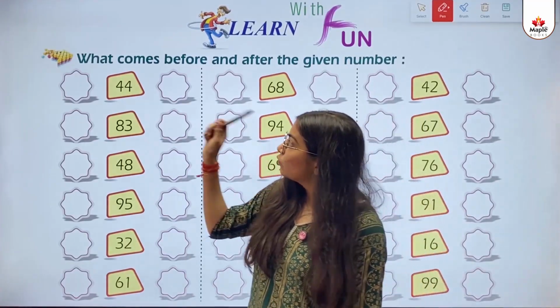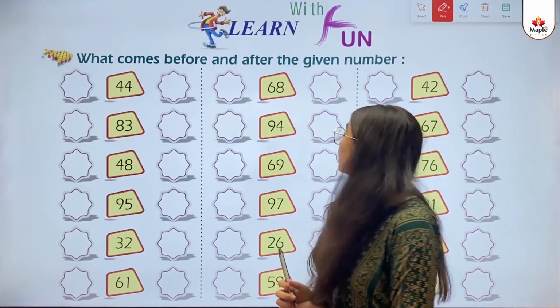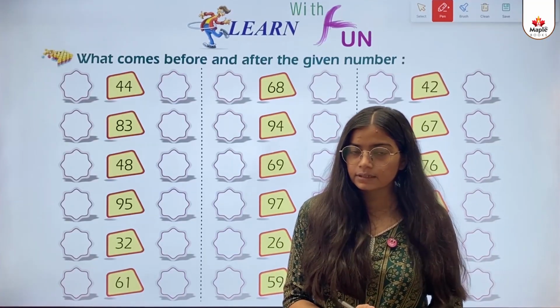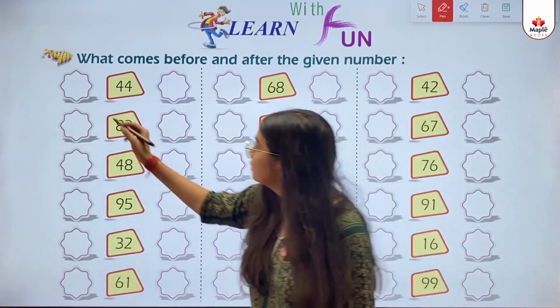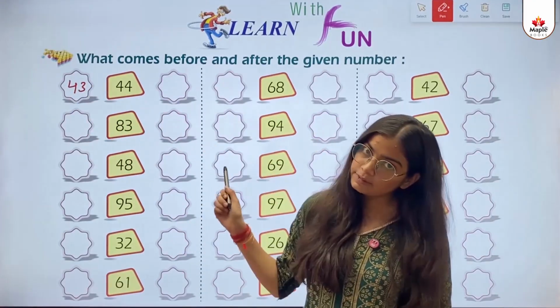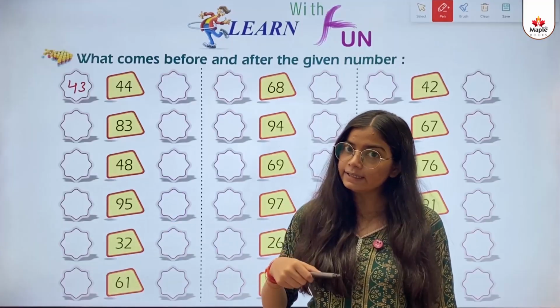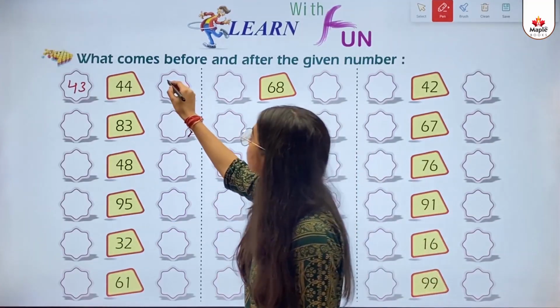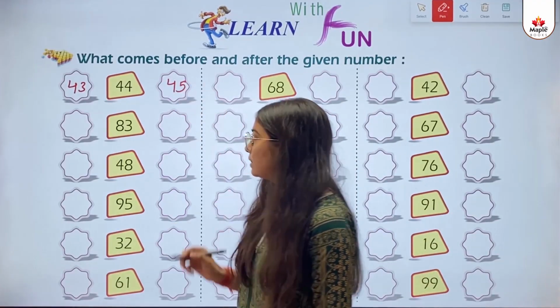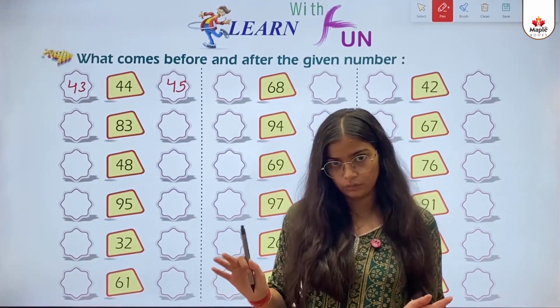Tell me what comes before 44? The answer is 43. Then what comes after, means what comes next to 44? That is 45. Then we need to do the rest of the question like this only.